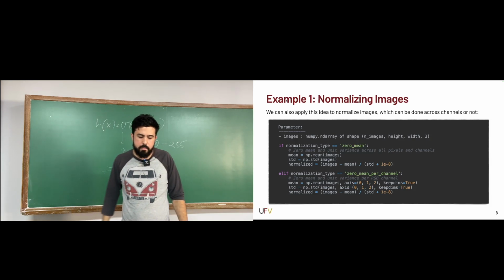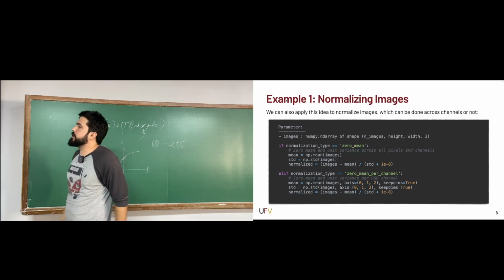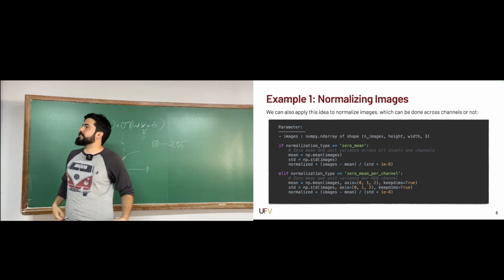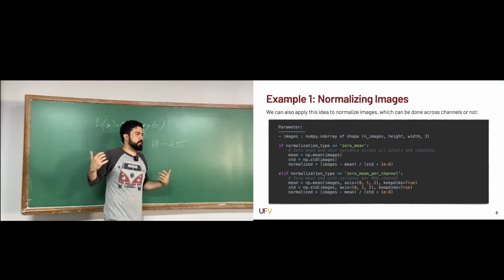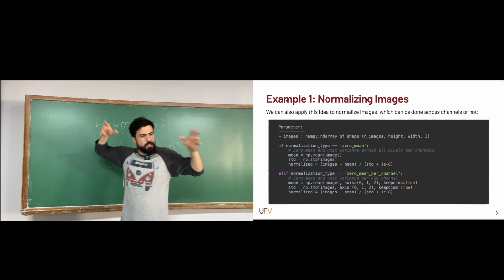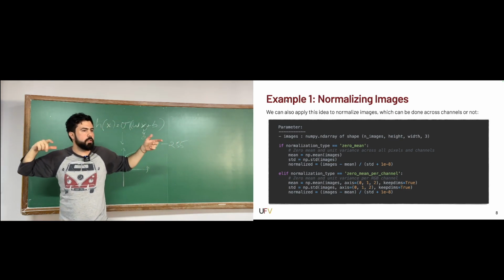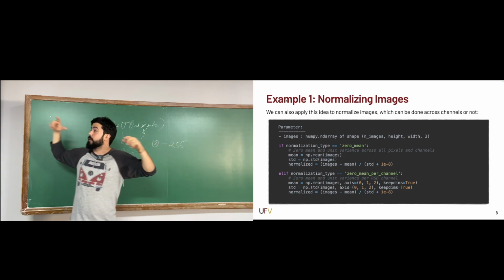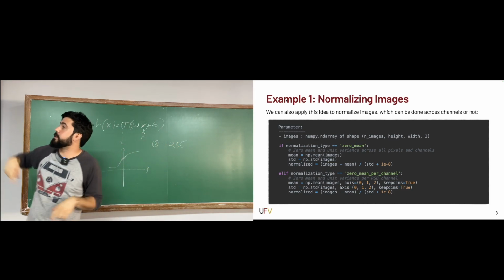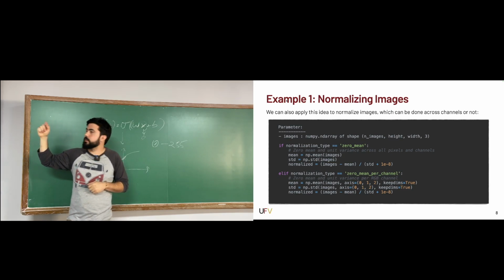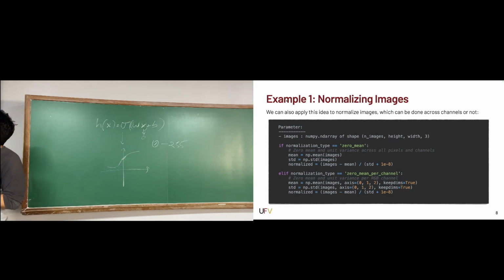Okay, and here's an example in NumPy of how to normalize images using this concept. We can normalize images by dividing by 255, but you could instead apply the idea we just discussed of subtracting the pixel values by the mean and dividing by the standard deviation. That's what you see here.